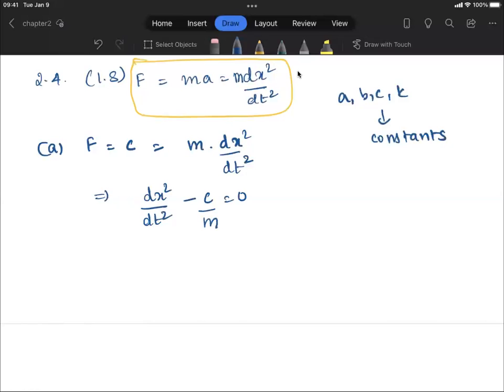In this form, we can see that we still have a linear differential equation because the only derivative present here is raised to the power 1. So this is definitely a linear differential equation.